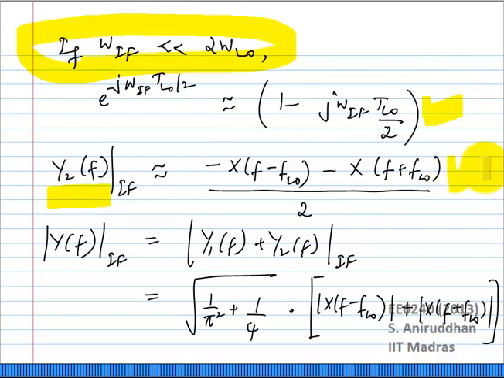In other words, the input signal is being translated in frequency from f to f minus FLO, and the gain of this is 2, and there is no phase shift, and therefore the magnitude of the overall output has a conversion gain which is root of 1 over pi square plus 1 over 4.